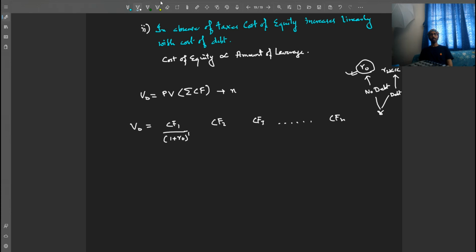CF1 divided by 1 plus R0 to the power 1, plus CF2 divided by 1 plus R0 to the power 2, because 2 periods have gone by, plus CF3 divided by 1 plus R0 to the power 3, plus, plus the nth year's cash flow divided by 1 plus the cost of capital when there is no debt to the power n, because n periods have passed by.